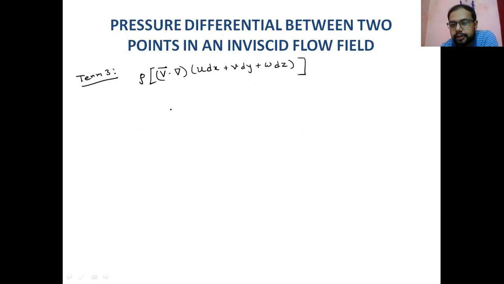So this part, u dx plus v dy plus w dz, we can write down as v dot dl.